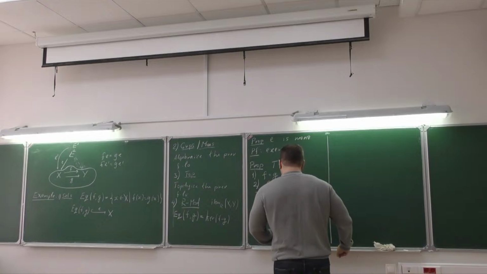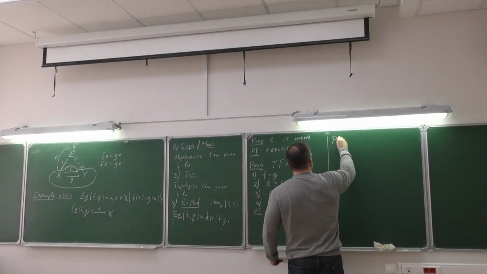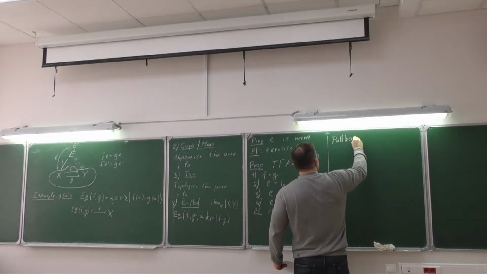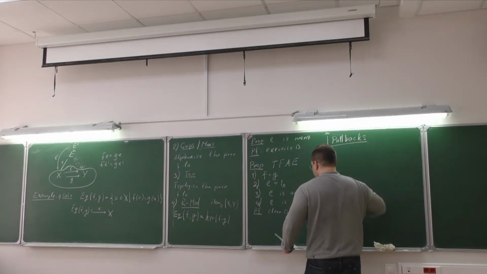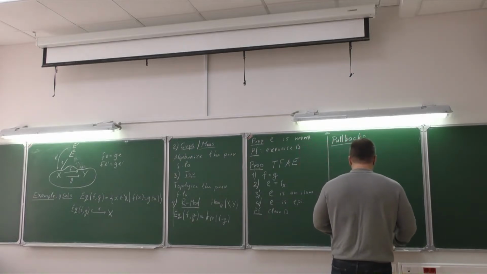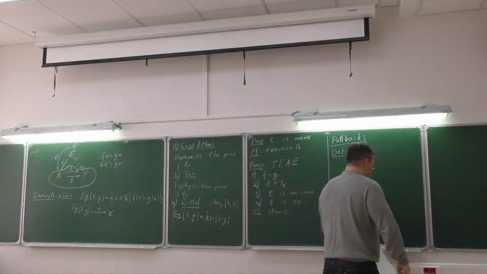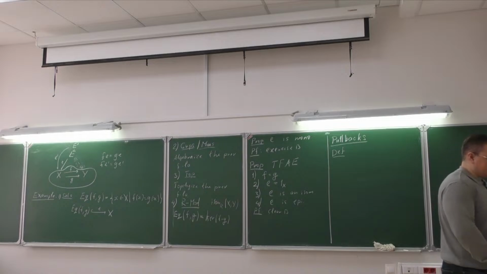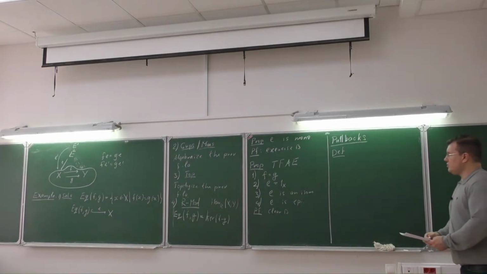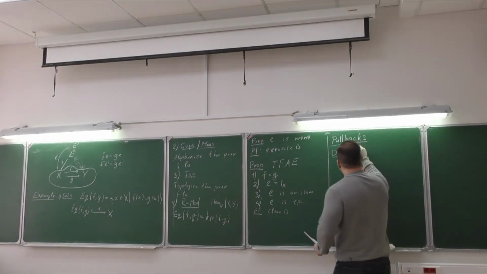And another special kind of limits are pullbacks. So, definition. Again, as in any situation with a limit, we need to look at some diagram and then discuss what's the universal cone in this diagram. So in this case, the diagram is the following.